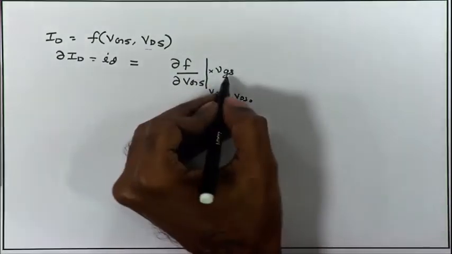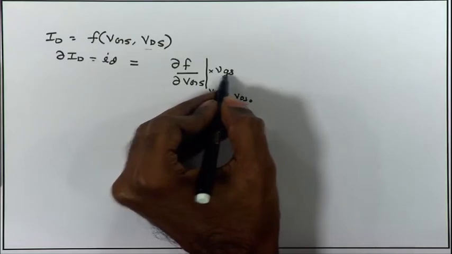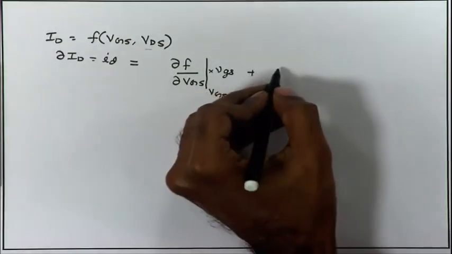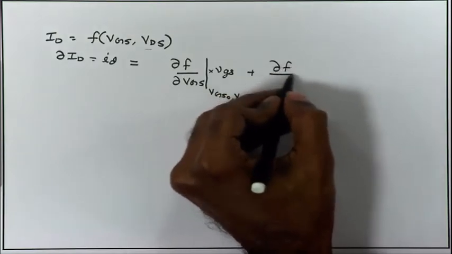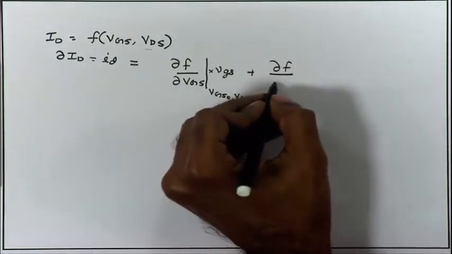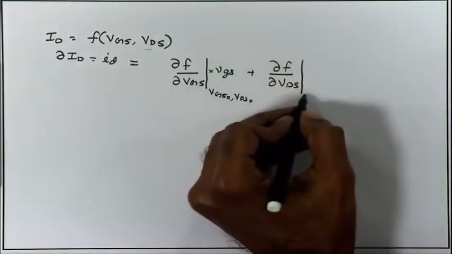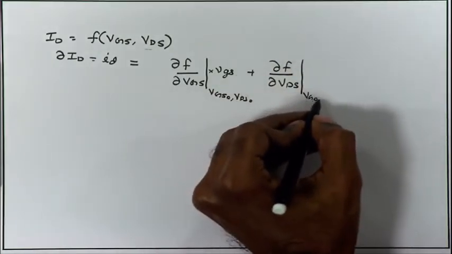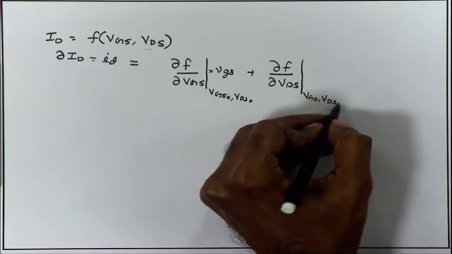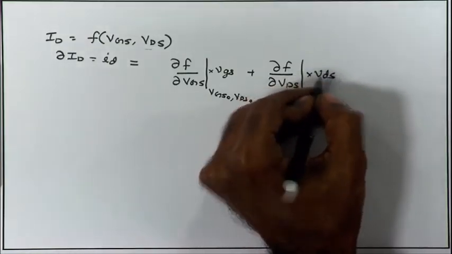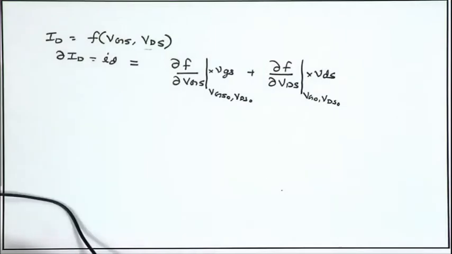So, this is the change in the current because of the change in gate to source voltage. Likewise, I can differentiate with respect to the second independent variable Vds, again defined at a particular Vgs naught, Vds naught, and multiply this by the small change in drain to source voltage, that is Vds.